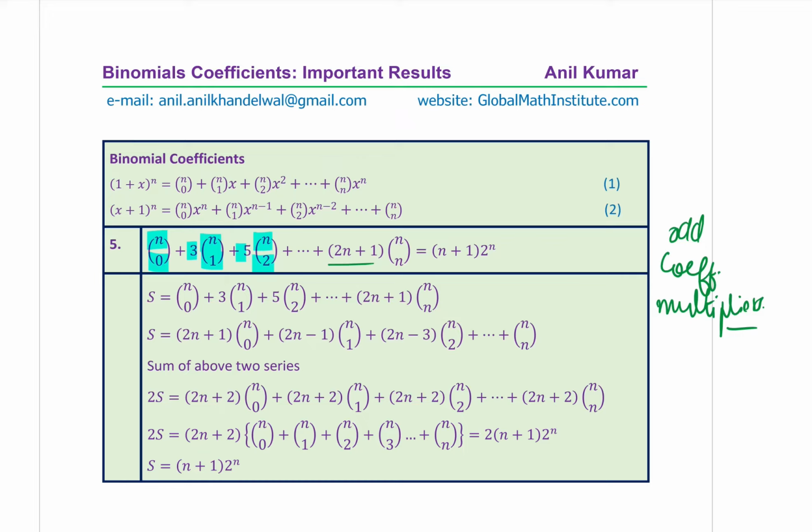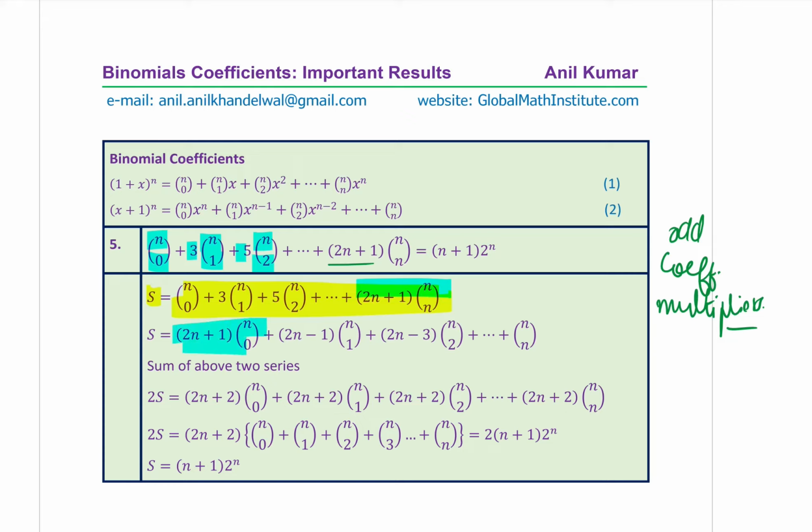So again, the strategy here is take your series and name it as S. So let this sum be S, whatever you want to prove. Second step, nCn could be written as nC0, right? So this term, which is the last term, is written here now. So flip the series. Do you understand?